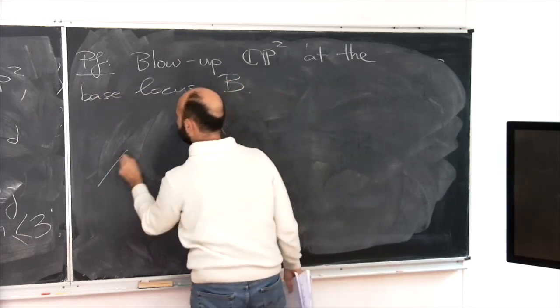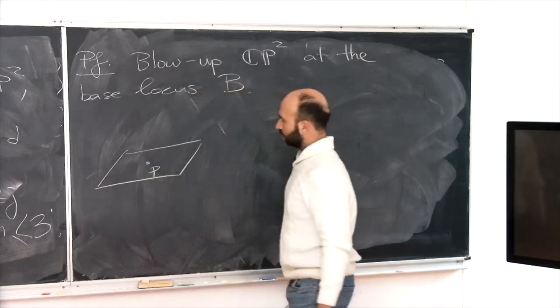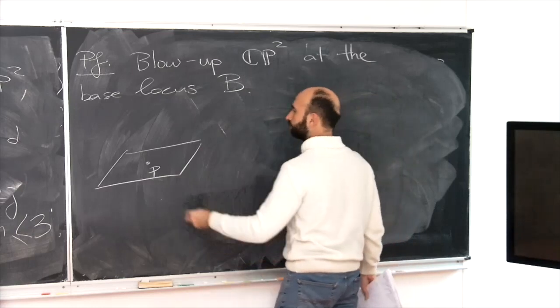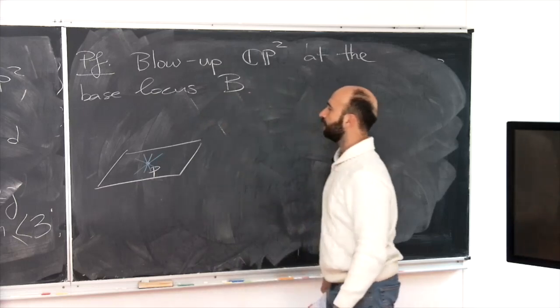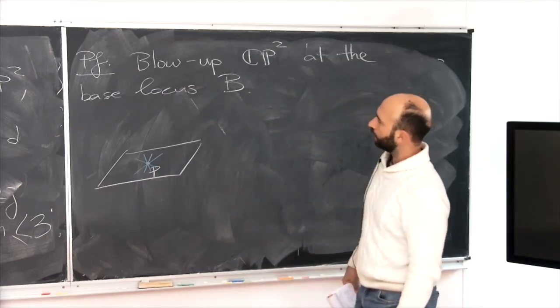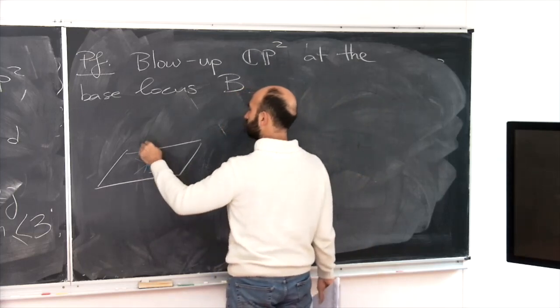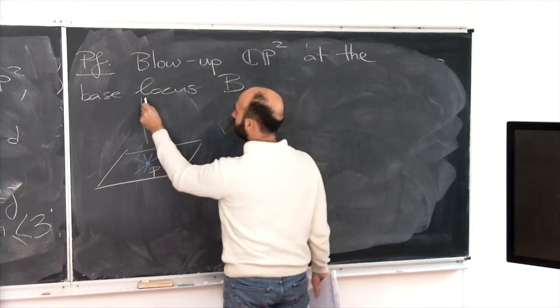So what that will provide is the following. Suppose this is your P and you have some bunch of curves going through P. Blowing up P is an isomorphism outside P, but it replaces P by some exceptional divisor.